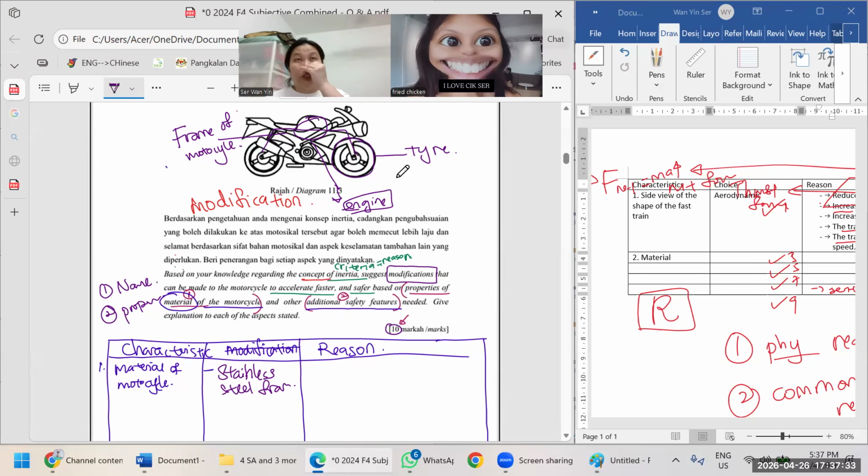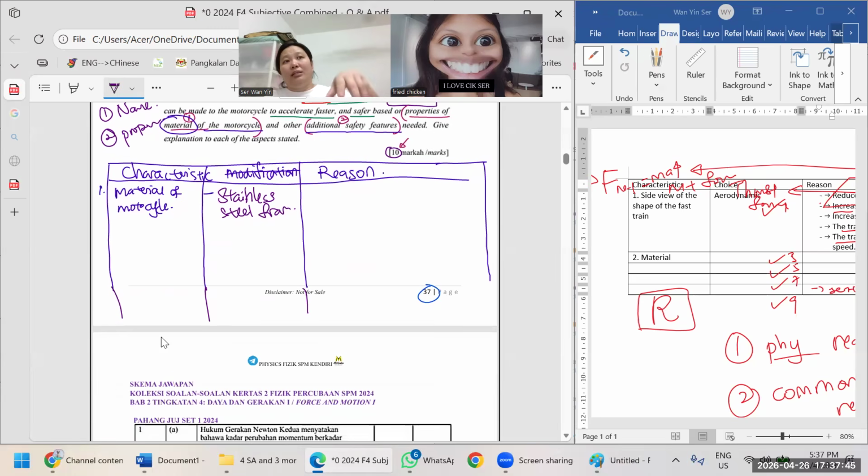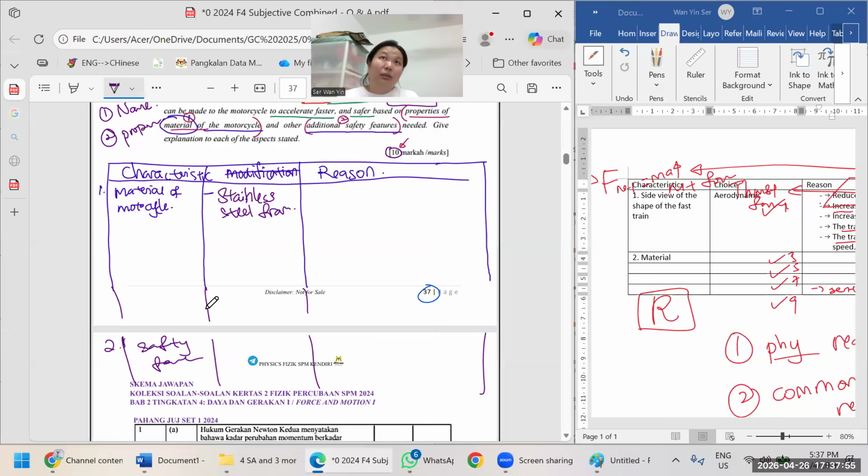Okay, additional features. The brake. So let's say you can't record anything here. Never mind, you leave some space, and then down you number 2 safety features. Don't worry, you will have 2 test bed.